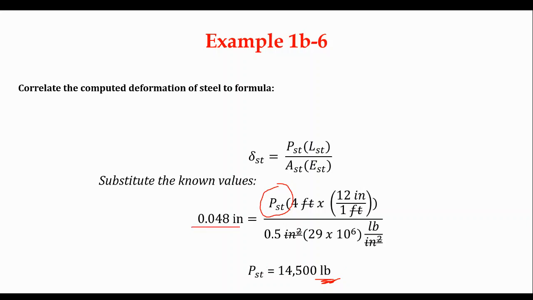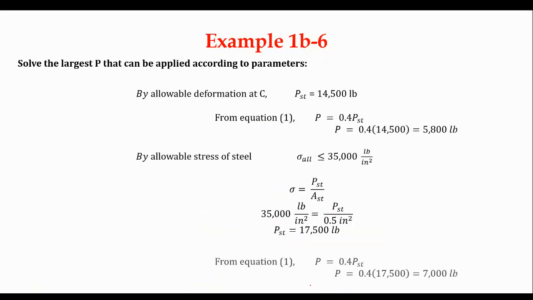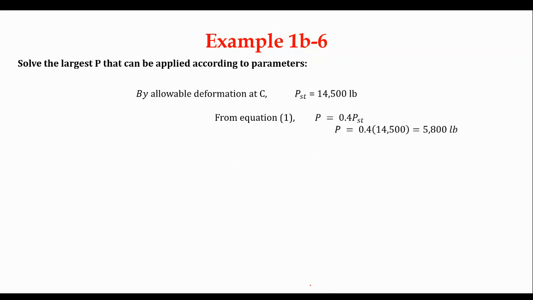Given na mao ang deformation, mao ni ang ma-generate na force ni steel. And then, diba, sa first nimo na equation, naa tay relationship ni force ni steel og ni P, no? P is also 0.4 of force of steel. So therefore, the P is equal to 5,800 pounds.